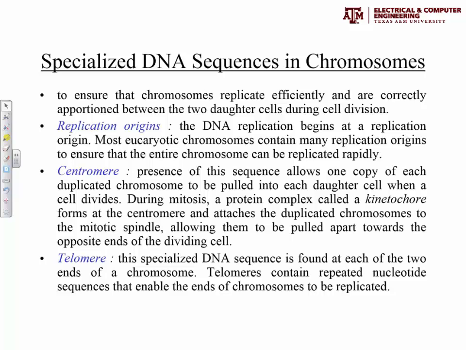You cannot start a DNA strand from scratch. Because of that, if you have a linear molecule, there's a problem at the end. You have to start with a primer, then you have to worry about Okazaki fragments on the lagging strand. Well, this telomere will make sure that there is some redundancy at the end, so it really doesn't matter what happens. The stuff that really needs to be copied faithfully is bracketed in between.